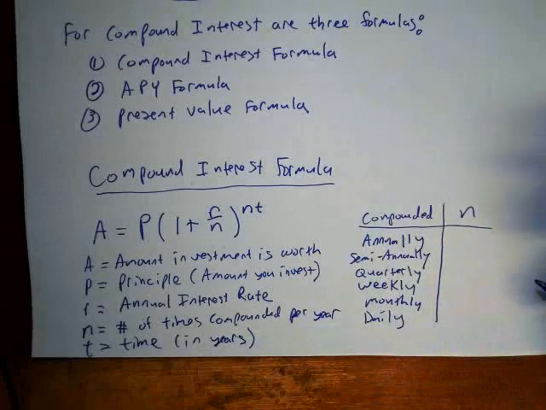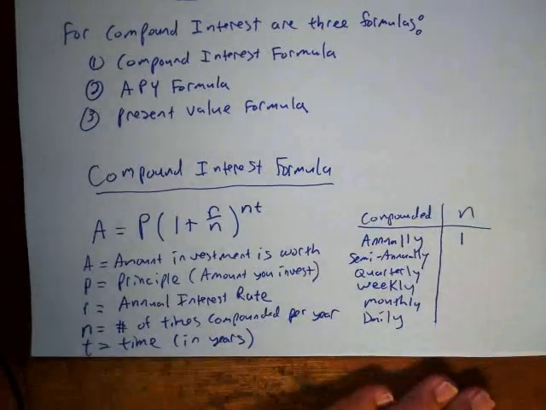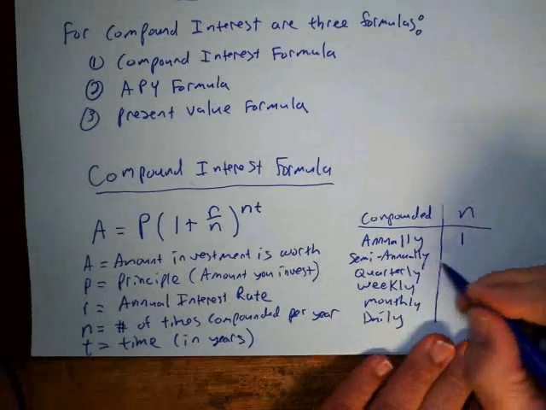These are the most common ones. If it's compounded annually, you're just compounding it once a year, one time, at the end of the year, you put the interest back in.